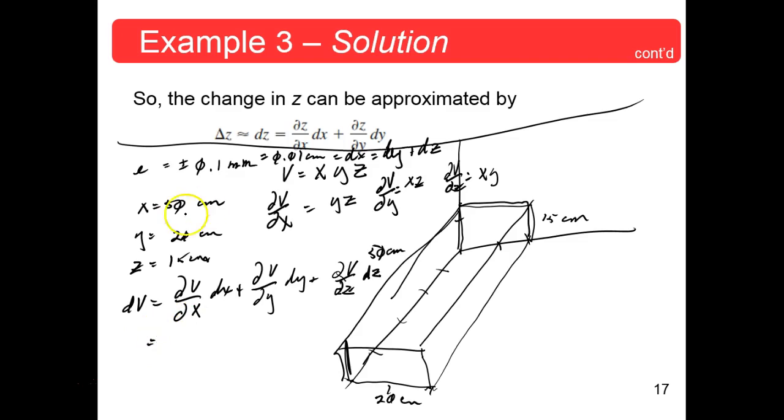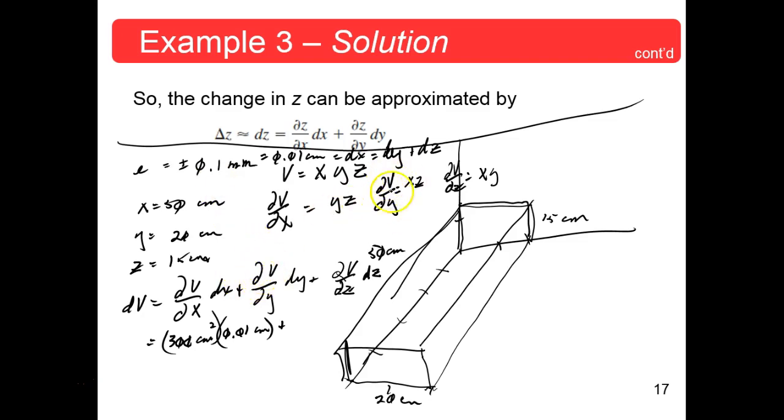Okay, your YZ is 20 times 15, which is 300 square centimeters, times 0.01 centimeter, plus your, we probably should be saying plus or minus, but I'm going to leave that off for now and just understand it is plus or minus.